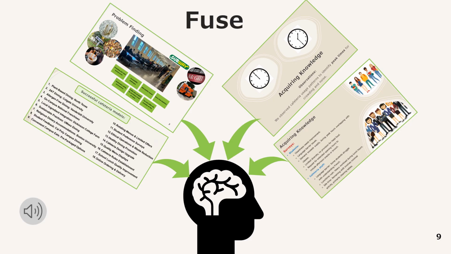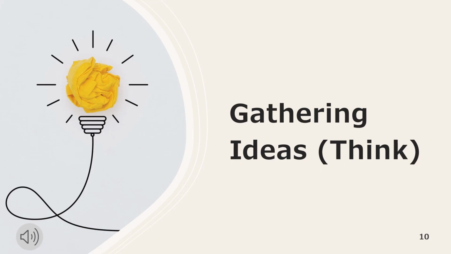We will now fuse the ideas that we got from our several observations into tangible solutions that may or may not solve the same problem. So the first step towards our ideation process was gathering the different ideas that different members of our group came up with.